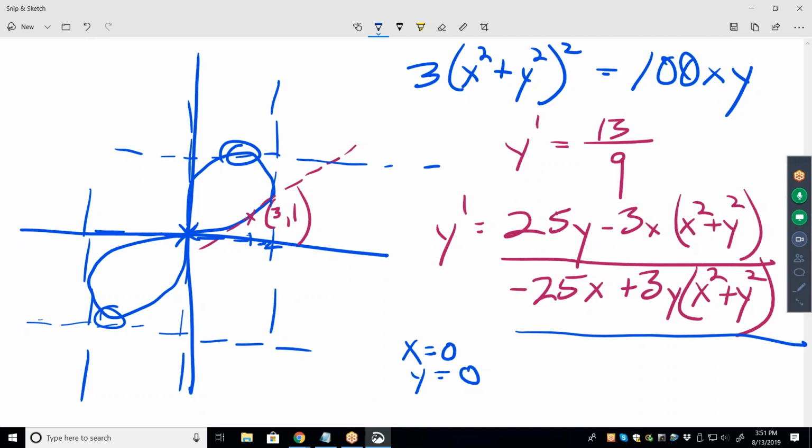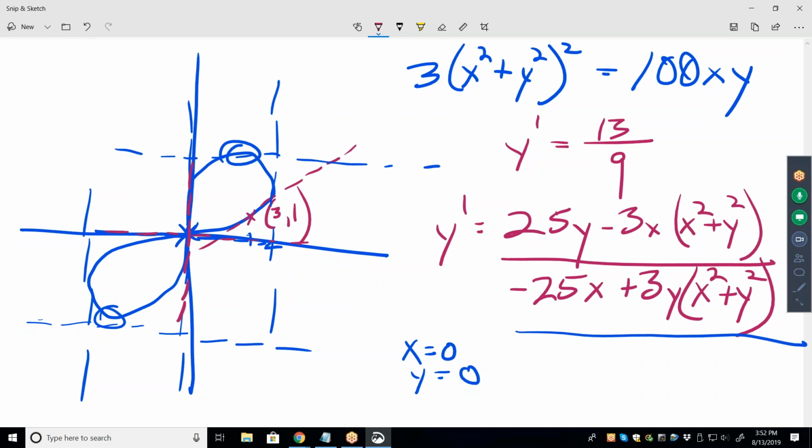Wait, what is that? Because we have 2 slopes of the tangent line. Here, let me use a different color here. In other words, we have this slope, and we have this slope. It would just be 0 over 0.